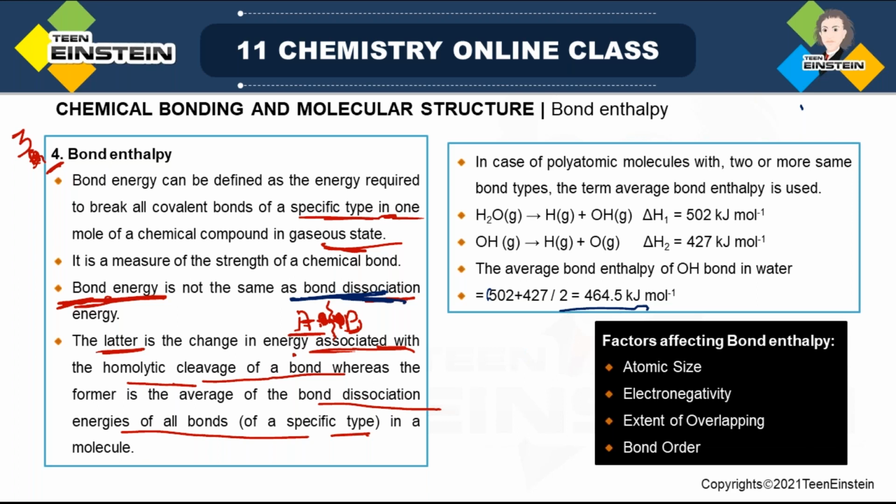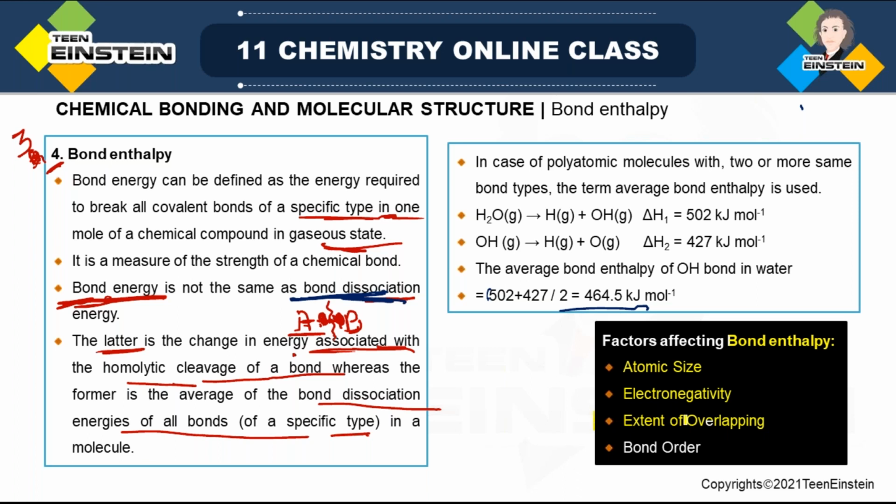Now there are some factors on which these bond enthalpy values depend. Here you can see the factors. The first one is atomic size, then the electronegativity values of the two atoms for which you are considering the bond enthalpy, then the extent of overlapping.